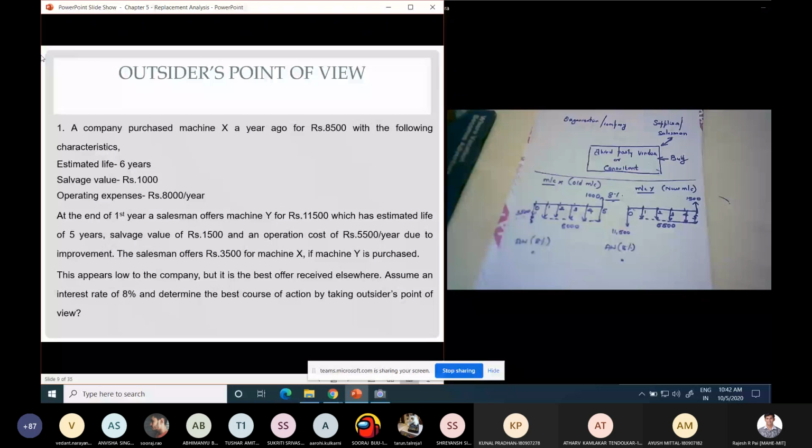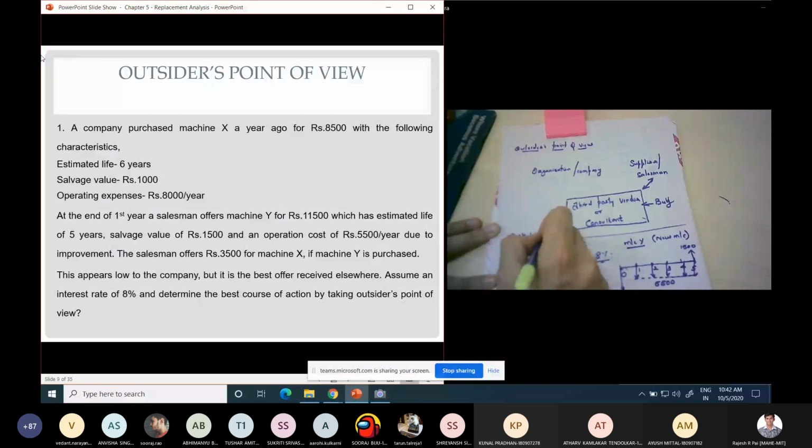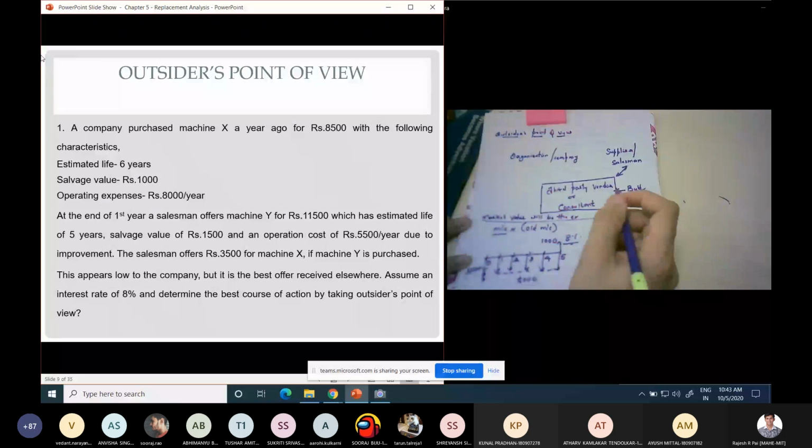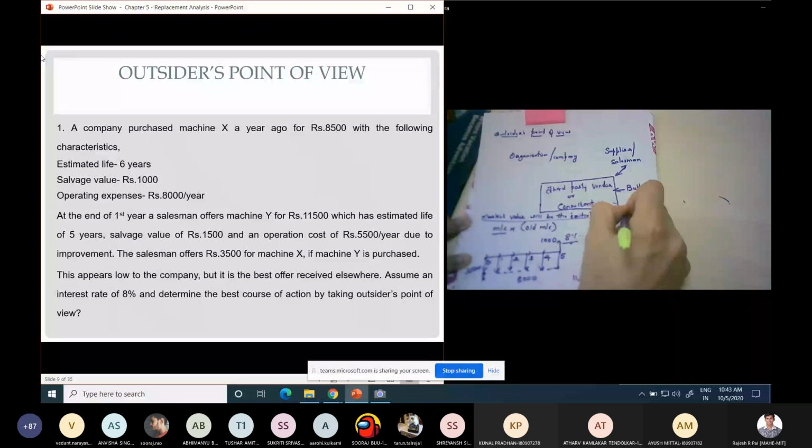So I'll write it here. In an outsider's point of view, the market value will be the initial cost of the defender machine.